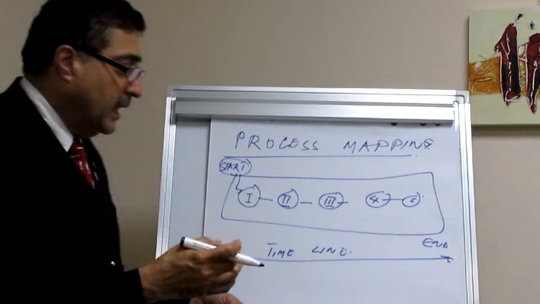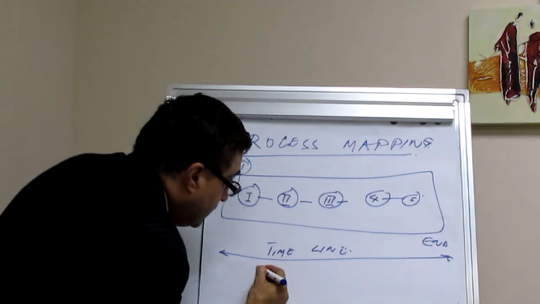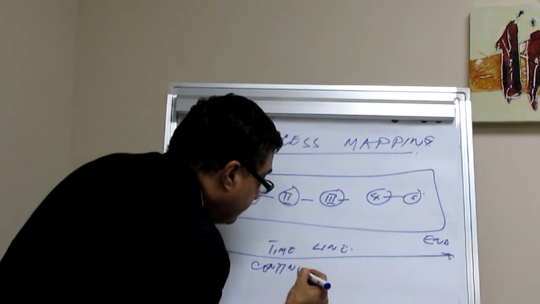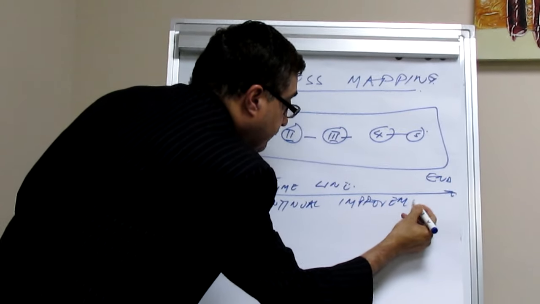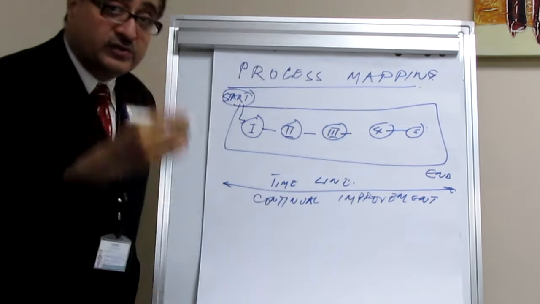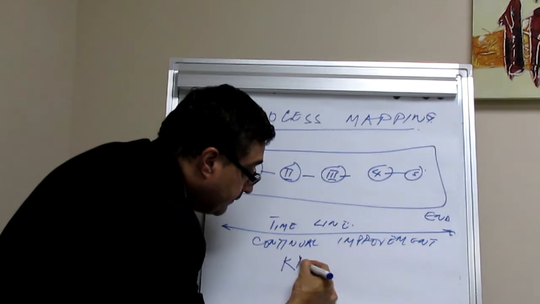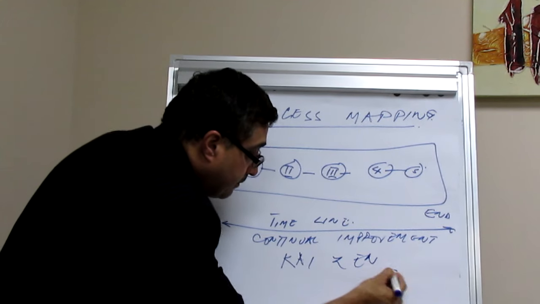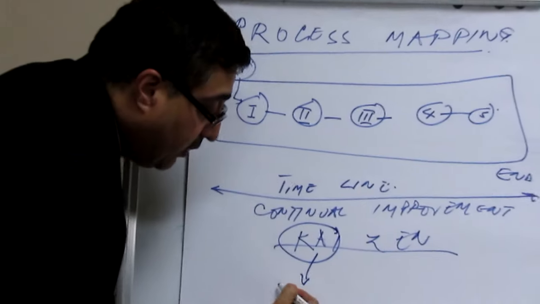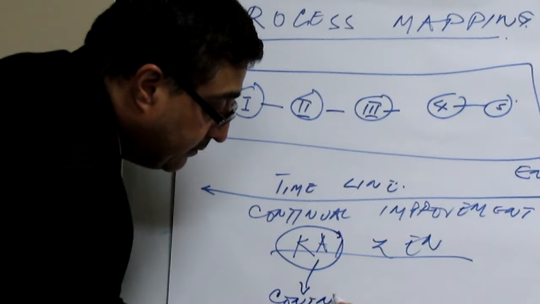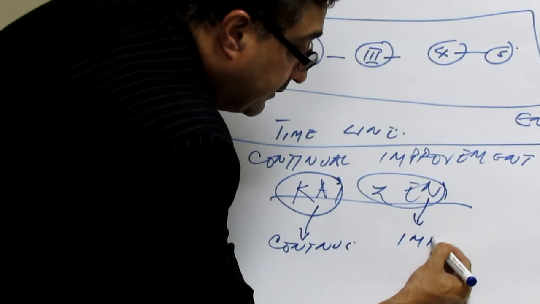It's a part of another concept called continual improvement, which also is called Kaizen. Kai in Japanese stands for continuous, and Zen in Japanese stands for improvement.